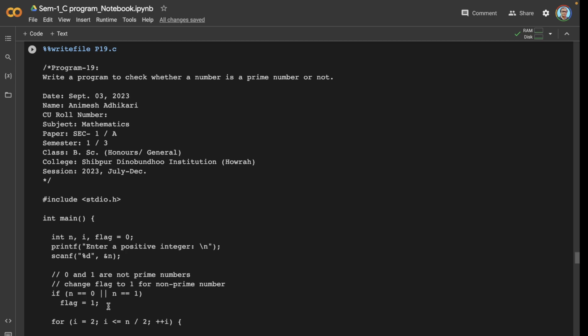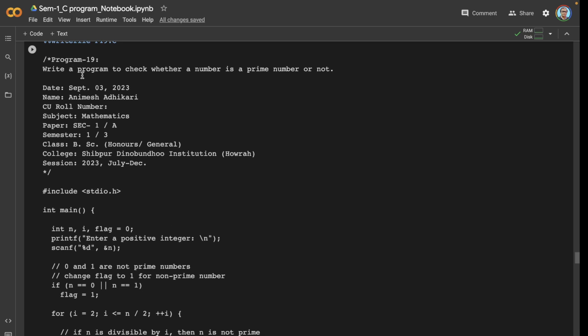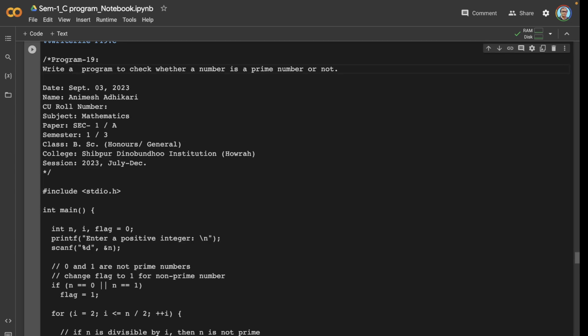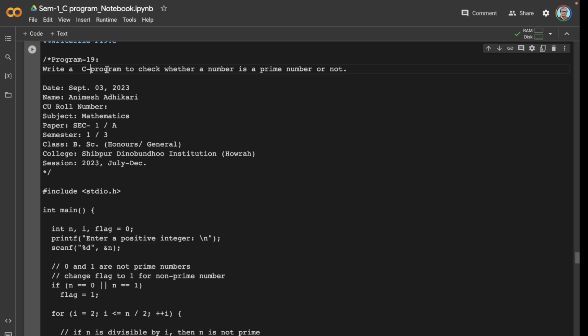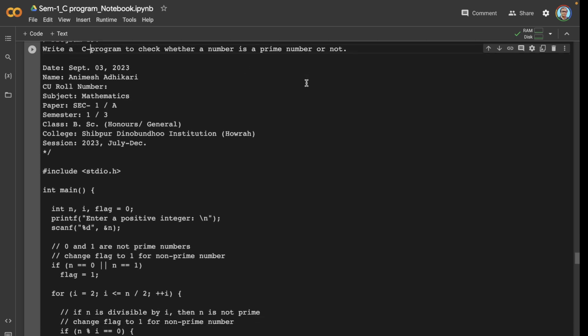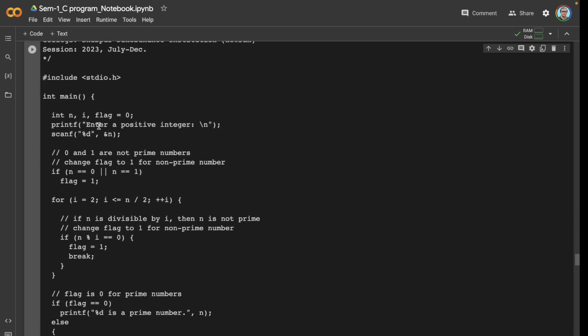Problem number 19. Write a C program to check whether a number is a prime number or not. It is a very popular program. So here integer i, flag equals 0.